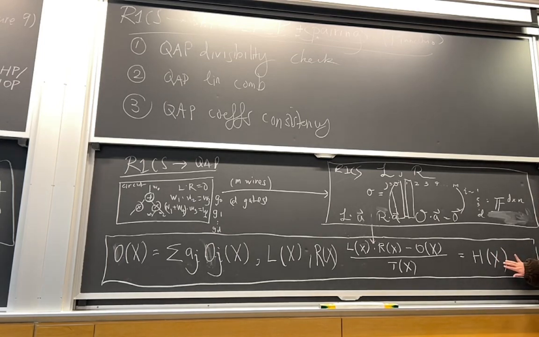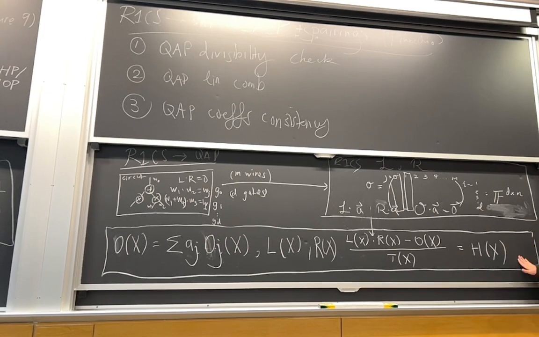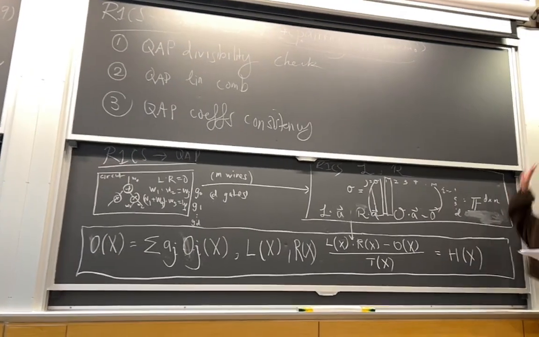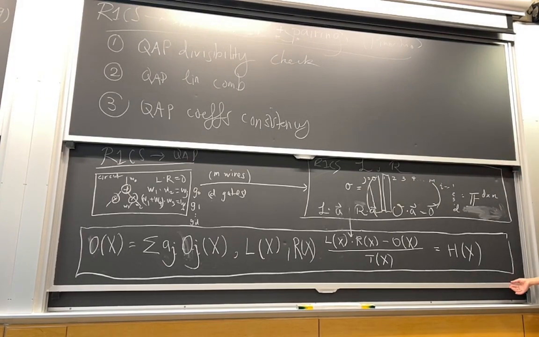The evaluation domain here, like we said, is simply 1, 2, 3, 4, all the way to D. It's all the gate indices. Okay, no surprises here. So now that we have our QAP, let's construct this LPCP to check it.